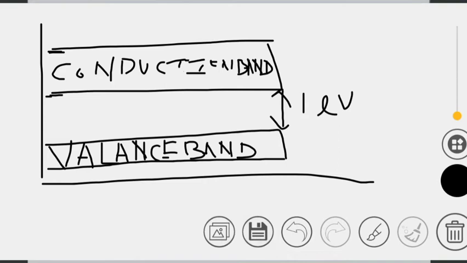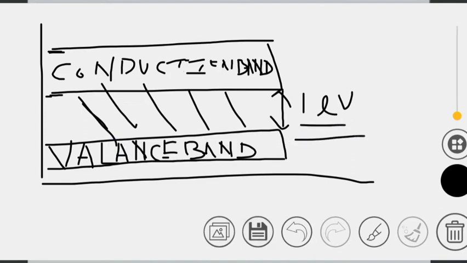In an insulator, there is a gap of 15 electron volt, but in the semiconductor the gap between the conduction band and valence band is just 1 electron volt.